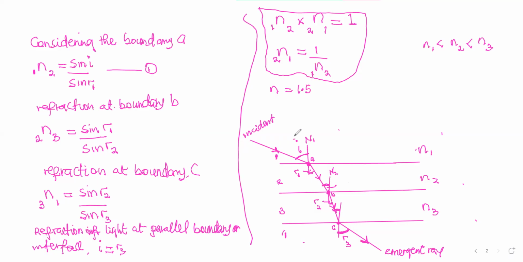So if the angle of incidence is 30 degrees, when the light is coming out through the same medium 1, the emerging ray's angle, this R3, is what we are calling the angle of emergence.